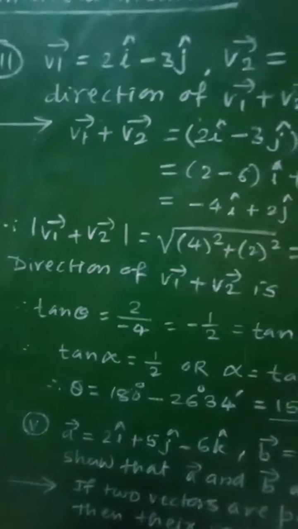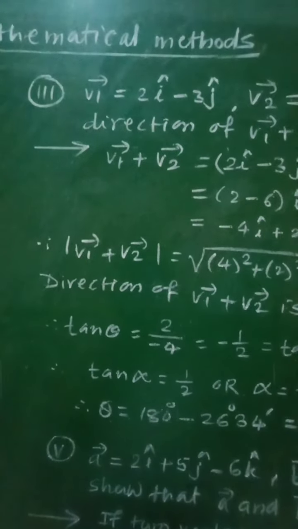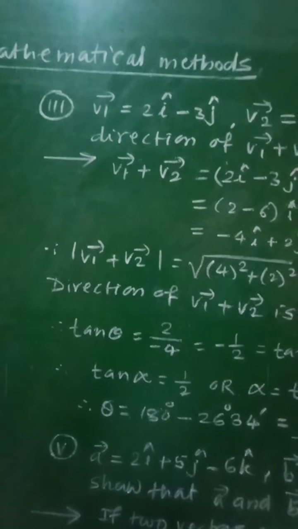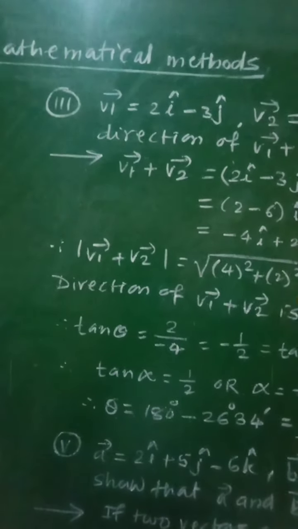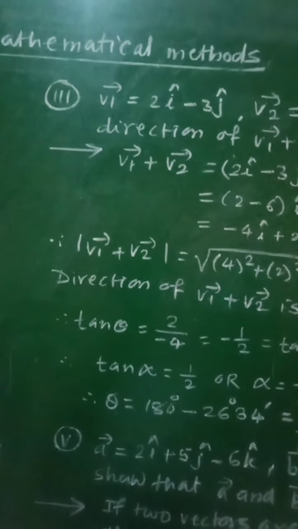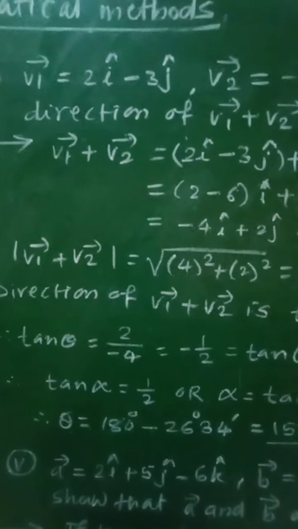Now let us see numerical number 3, which is given as: for vector phi1 equal to 2i cap minus 3j cap and vector phi2 equal to minus 6i cap plus 5j cap, determine the magnitude and the direction of vector phi1 plus vector phi2.